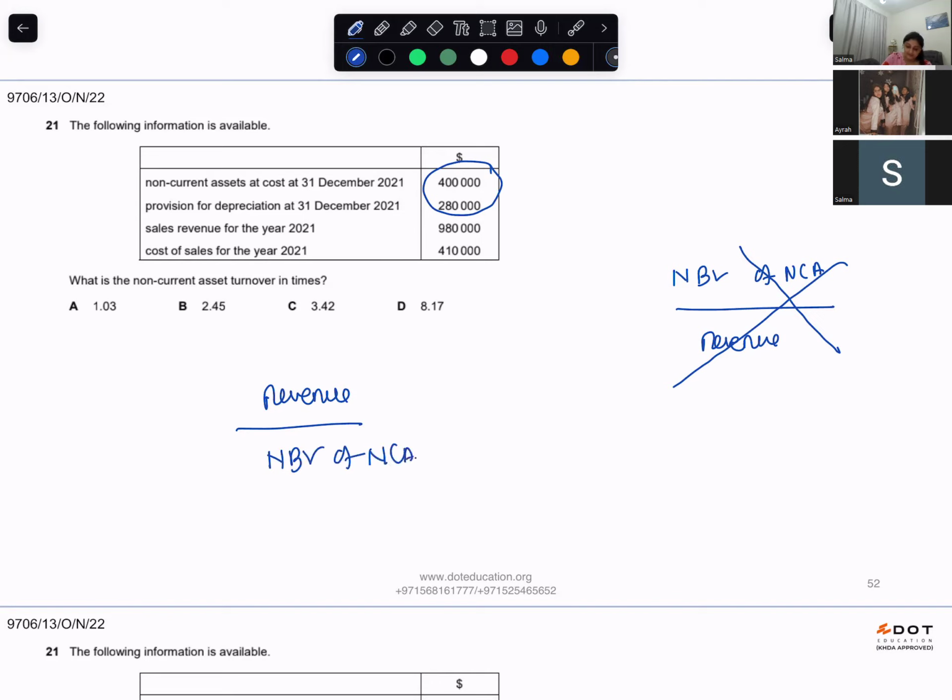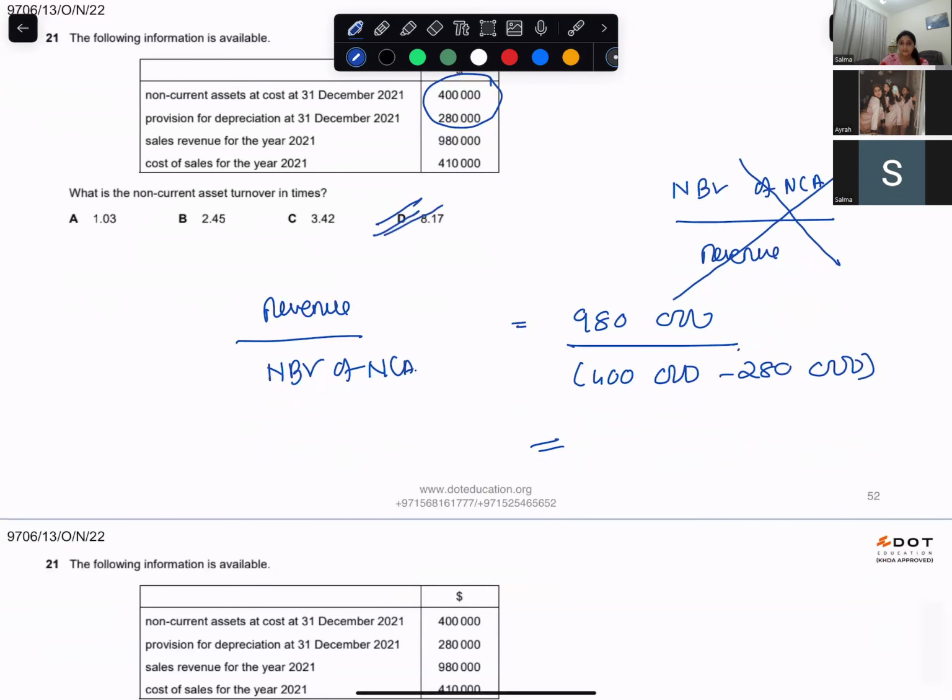Revenue is 980,000. Net book value of non-current assets is 120,000. So it'll be 8.166, so 8.17. D.